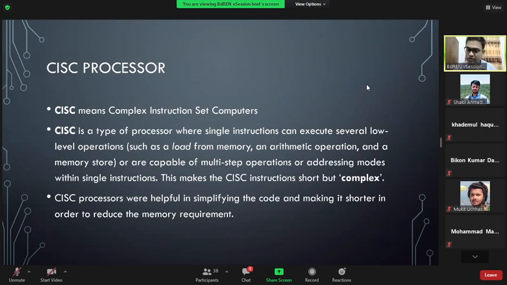If you want to do one task, you would need to write 5 lines, but instead you just need to write 1 line in these types of processors, to save memory. That one line is a combination of several instructions, such as load from memory, arithmetic operation, and of course memory store.